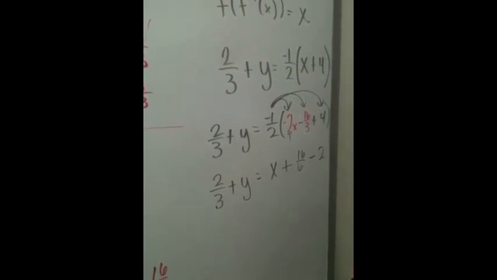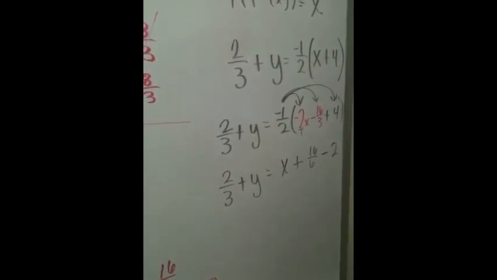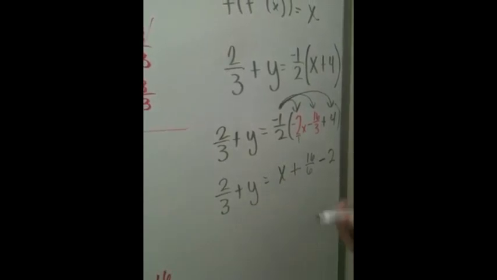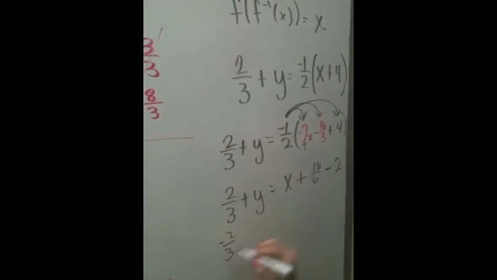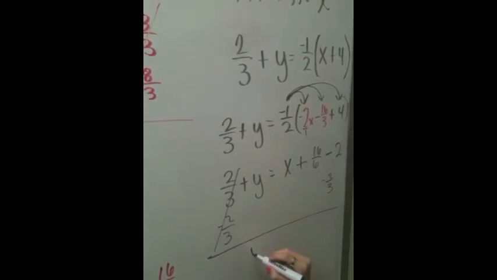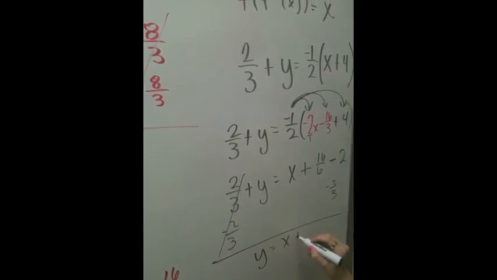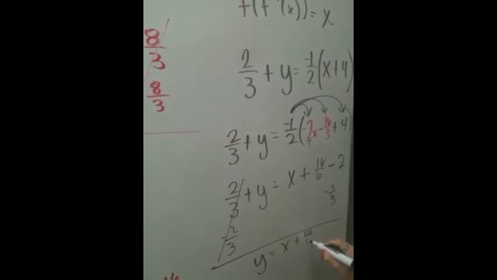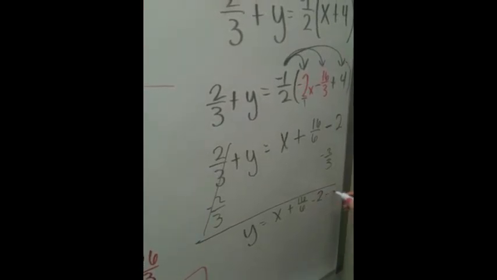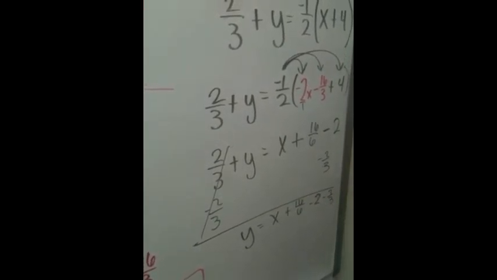Alrighty. Now we need to solve for y. So I'm going to subtract the 2/3 from both sides. That gives me y equal to x plus 16 over 6 minus 2 minus 2/3.